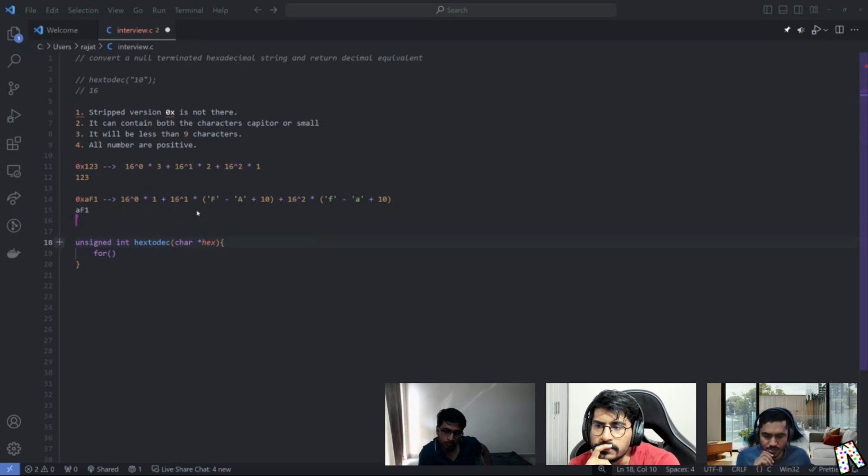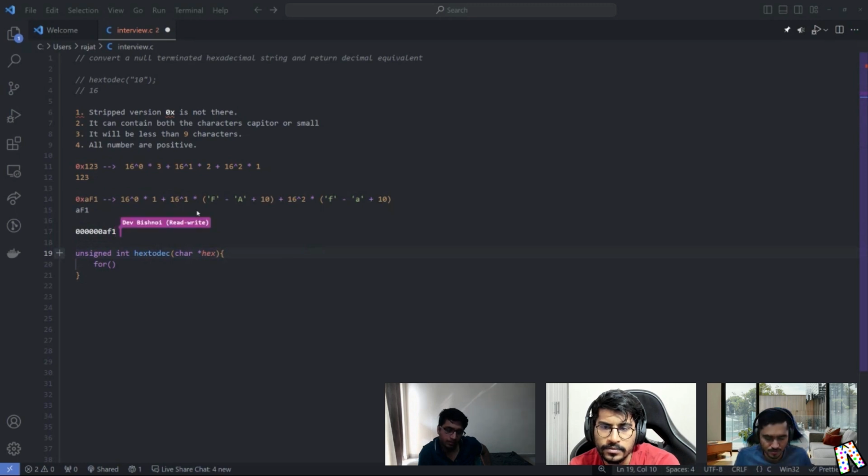Because I'm just given the pointer to the string, I really don't know the size here. It could be like 0000AF1, so the length won't be fixed at 8, I believe. It could be anything, so I'll use the null terminator to figure that out. Yes.